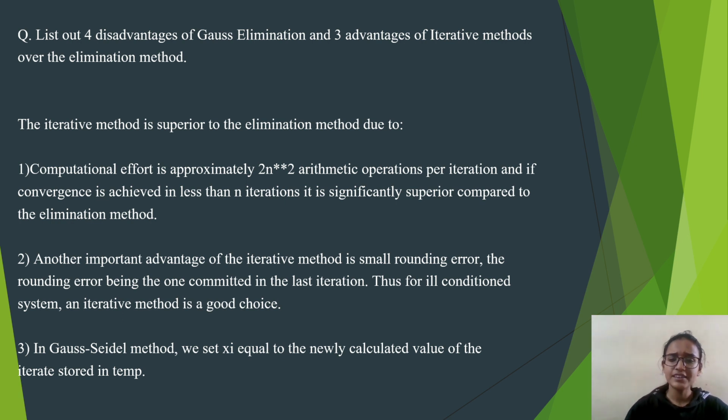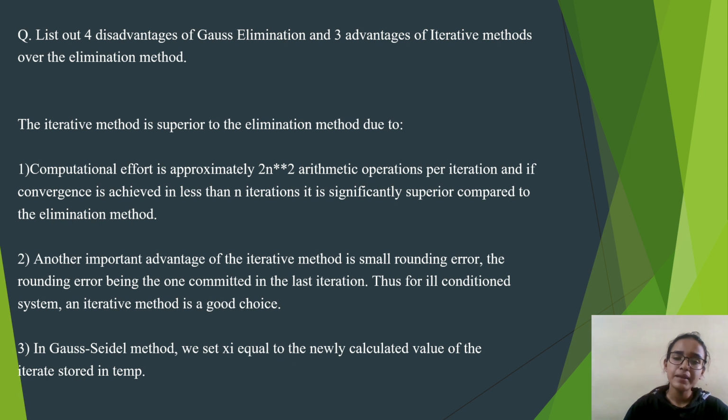Another advantage is that the iterative method has small rounding errors. The rounding error is the one committed in the last iteration, thus for an ill-conditioned system, an iterative method will be a good choice.